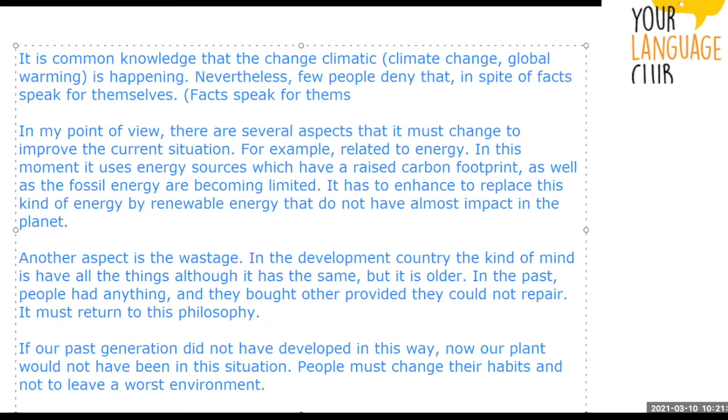What does it mean if facts speak for themselves? That they are obvious. Exactly, to speak for themselves means it's just obvious.